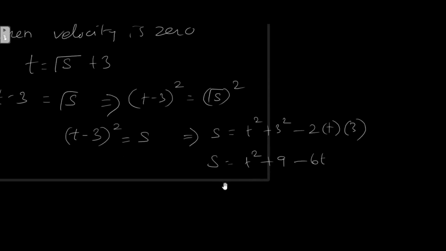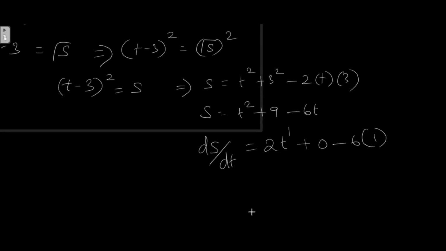Differentiating displacement with respect to t, ds by dt is 2t, plus 0 for the constant 9, minus 6. So this equation becomes 2t minus 6, that is velocity.